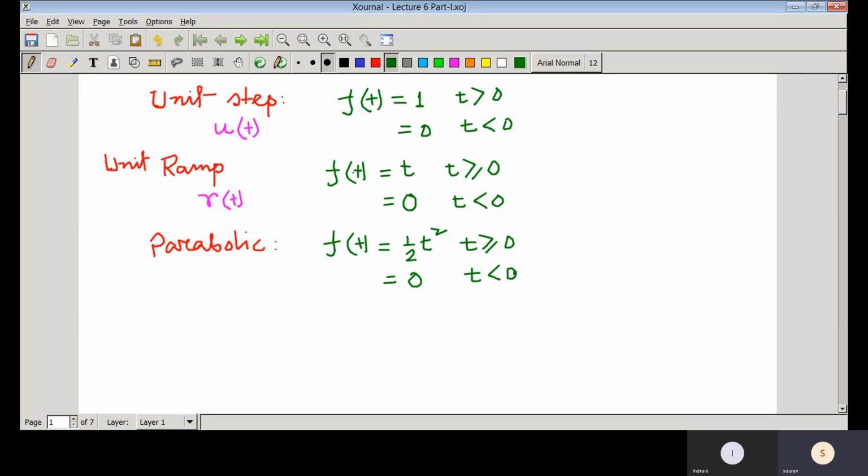And another important function that we use is the impulse. The impulse function f(t) is described as delta(t), and we are talking about the unit impulse. So the magnitude is 1 when t equals 0, and it is equal to 0 when t is not equal to 0.